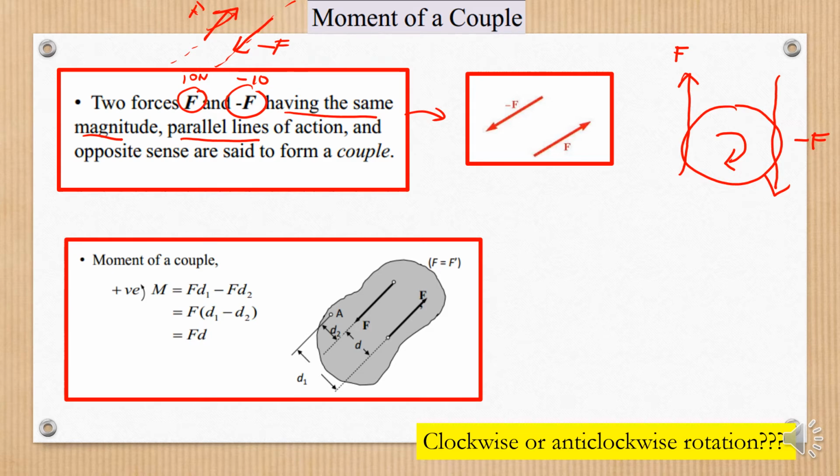This couple produces a moment. We know this couple produces a negative moment because it rotates in the clockwise direction.